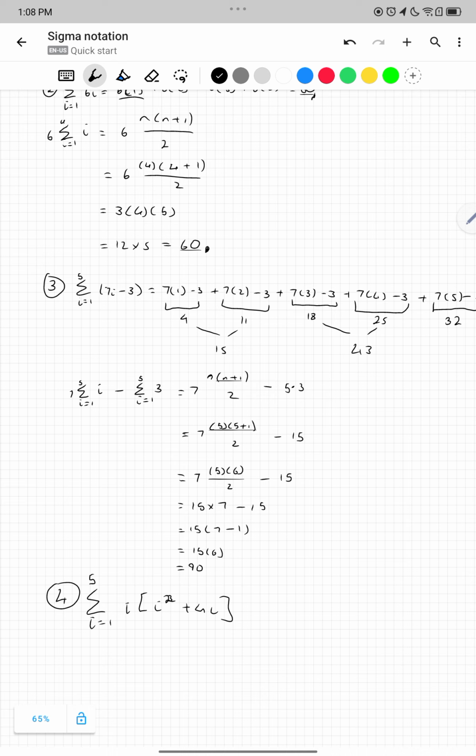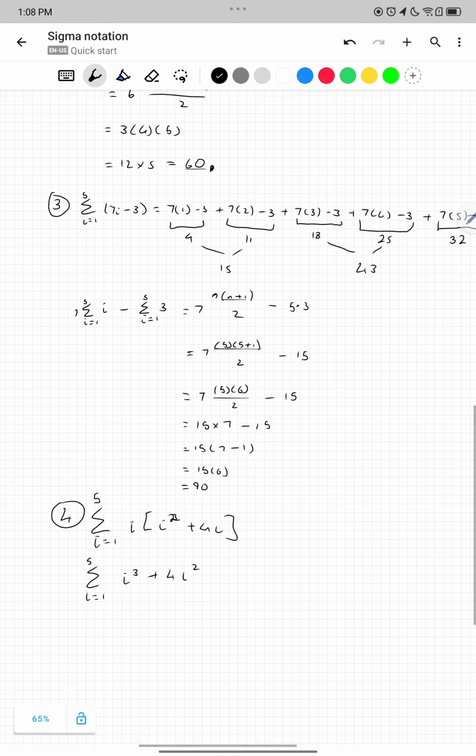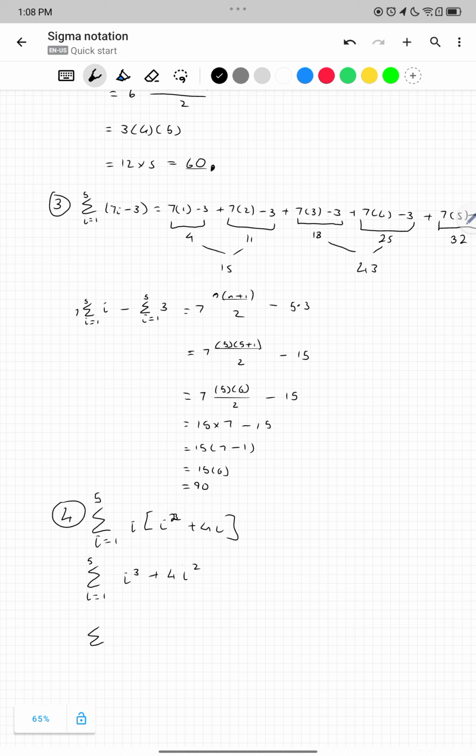This one I'm not going to do in the long version, I'm just going to do it in the short version. So I'm going to have the sum from i equals 1 of i squared plus 4 times the sum of i.